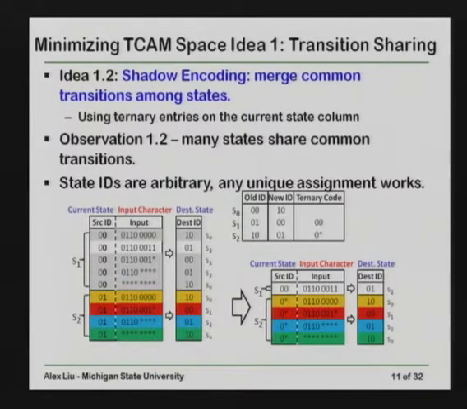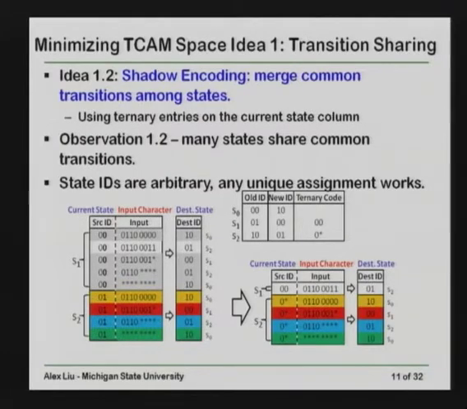Previously, if the lookup key matched, let's look at the first entry, the previous lookup key that matched the first one on the left would have source ID 00 and input 01100000.